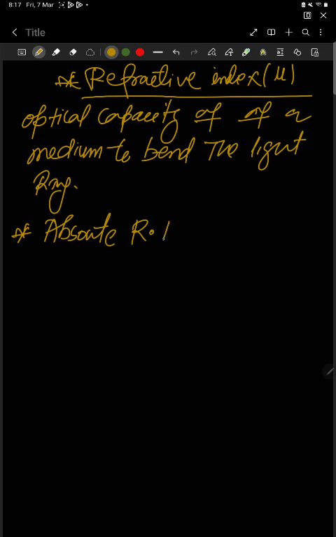Absolute refractive index. Okay, so what is absolute refractive index?